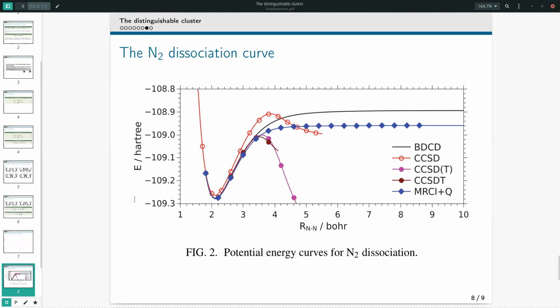This figure is from the paper from Katz and Manby. They studied the dissociation of the N2 molecule, and CCSD with the (T) correction and CCSDT are all failing at a certain point, and we can't converge those approximations anymore. But with the distinguishable cluster double, oh yeah, I forgot, sorry.